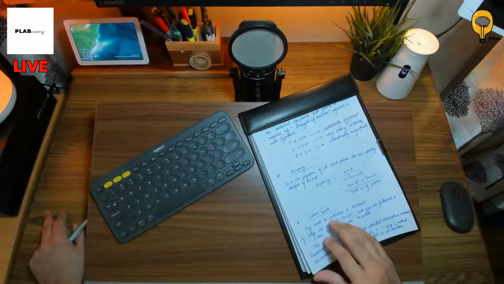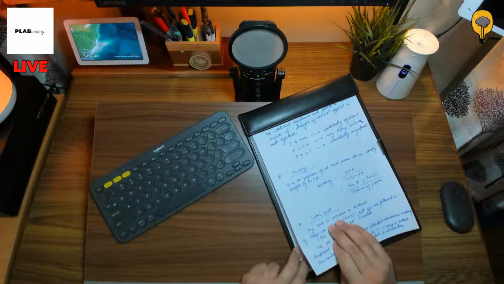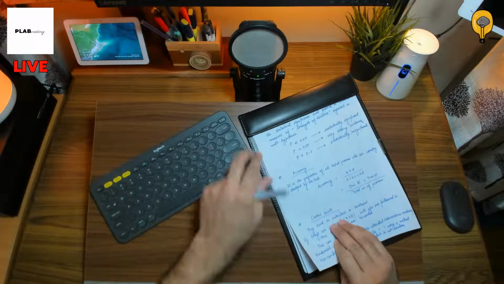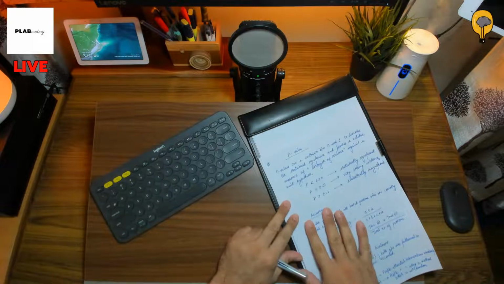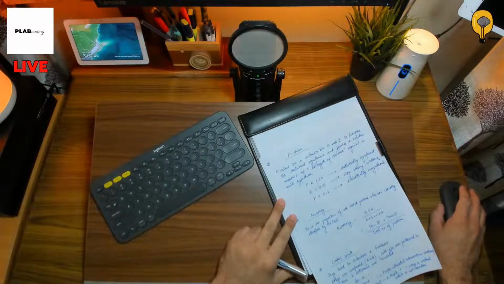Let's write certain things about the p-value.